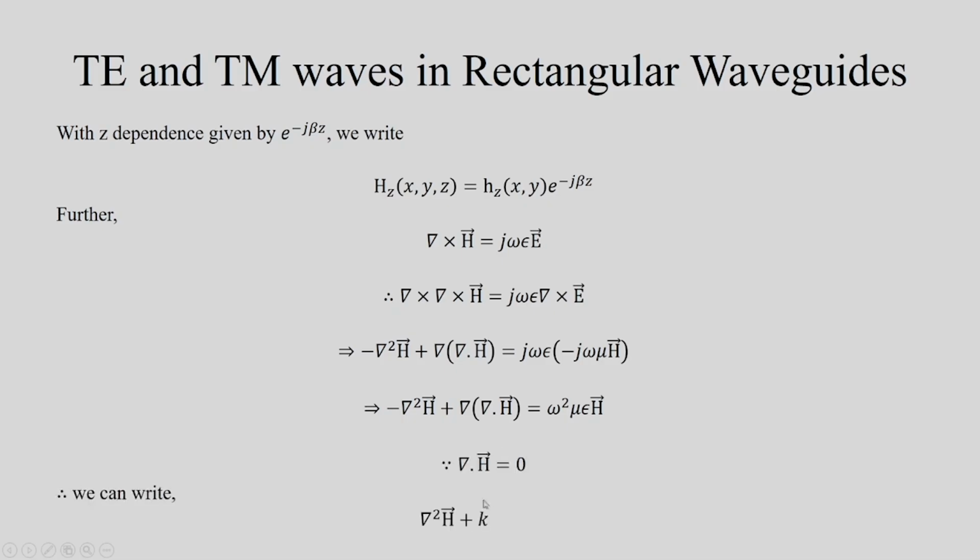And since we have divergence of H equal to 0, this equation can now be written as del square H plus k square H equal to 0.